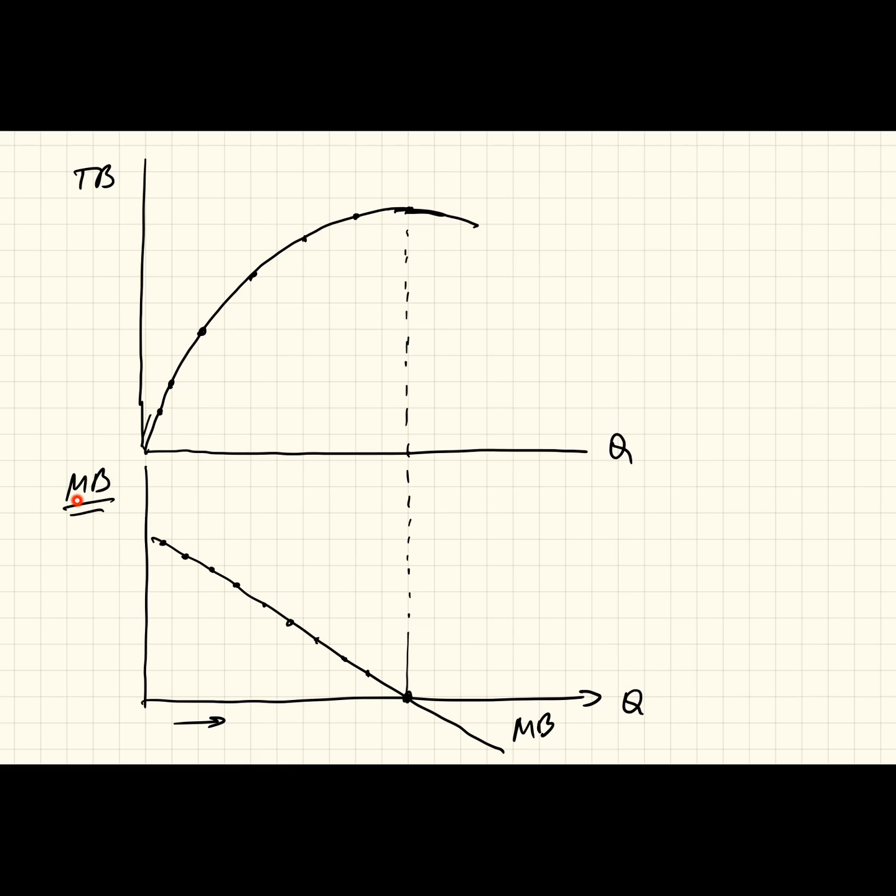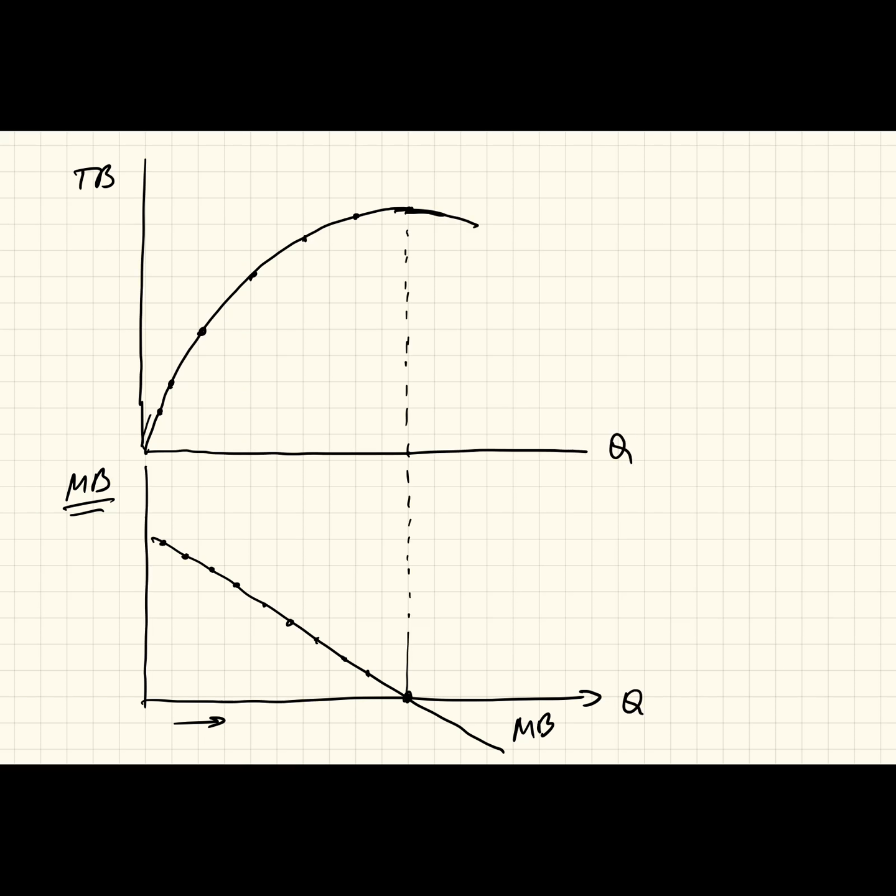Marginal benefit hitting zero means that at some point the next unit you consider consuming will feel like almost nothing. You'll be like, do I want this slice of pizza or not? Well, I'm not really sure. That happens when your marginal benefit of that additional slice of pizza gets down to zero, and that means you are at the maximum of your total benefit.